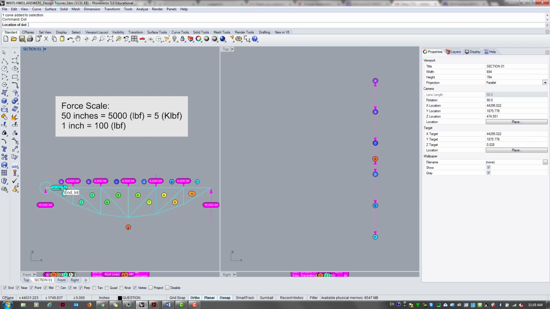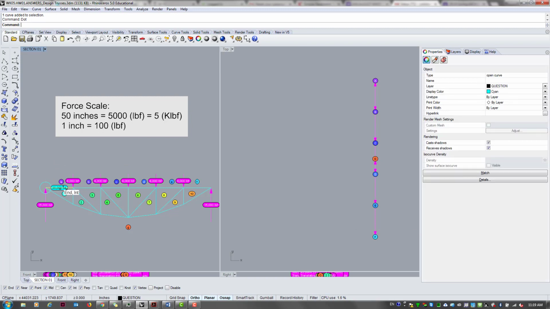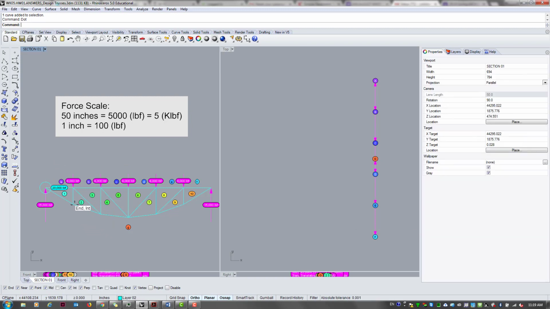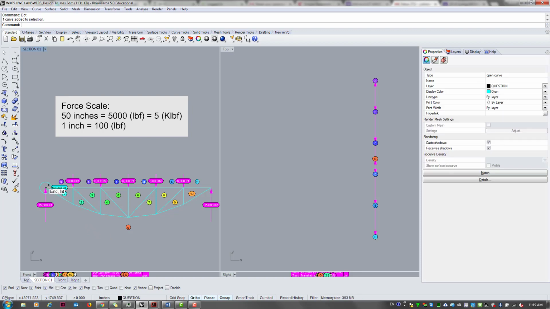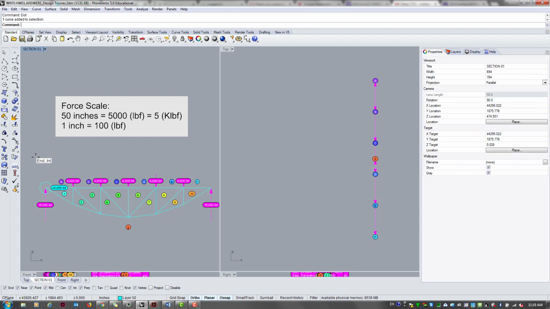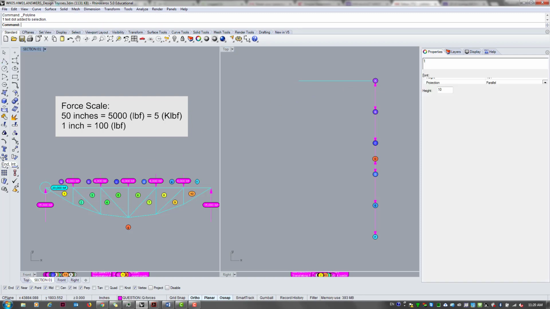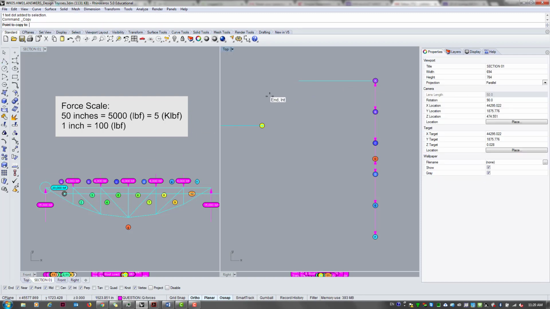Technically we don't know if it's compression or tension, but we pretty much know it's compression. But in this case it doesn't really matter that much. One thing we know is this chord is horizontal, and it has 20,000 pound force. So basically from A to point 1 it should be a horizontal line, and it should have a length that signifies 20,000 pounds.